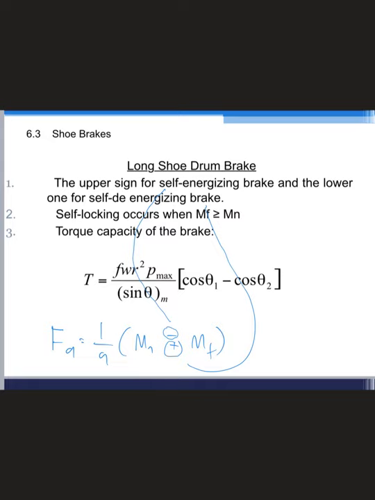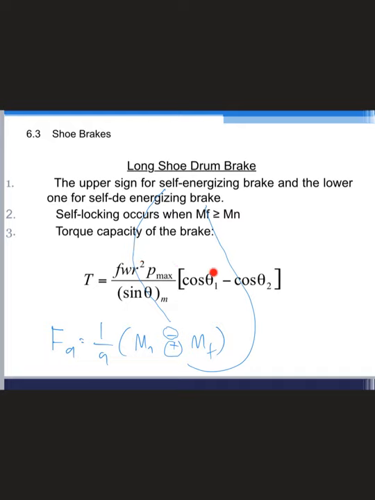Then you can find the value of torque capacity for the long shoe drum brake by using this formula. T is the torque capacity, f is the coefficient of friction between the long shoe and the drum, W is the width of the long shoe, R squared is the radius of the drum squared, and P max is the maximum pressure.